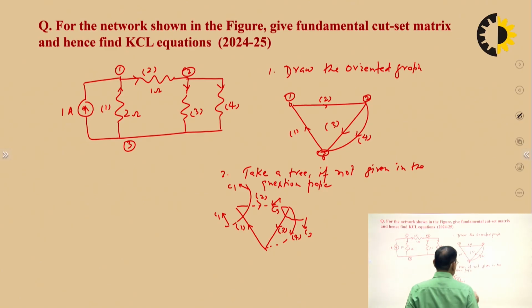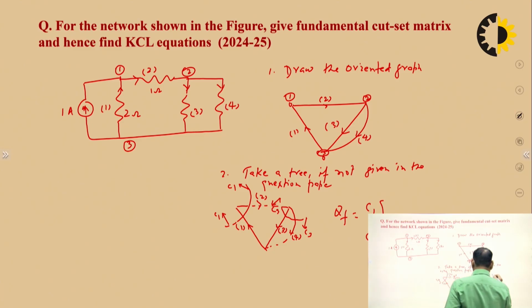Okay. Now the fundamental cut set matrix, we can write QF is equal to C1, there will be 2 rows, and C3. The columns correspond to the number of branches. So there are 4 branches, so 4 columns. Now come to C1. C1 involves 1 and 2.